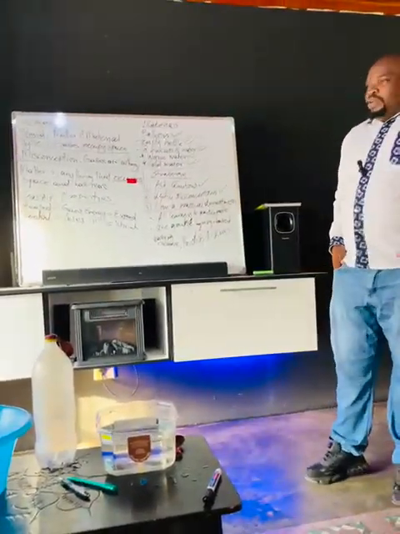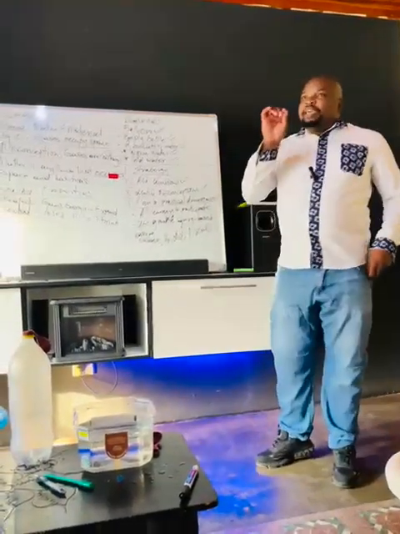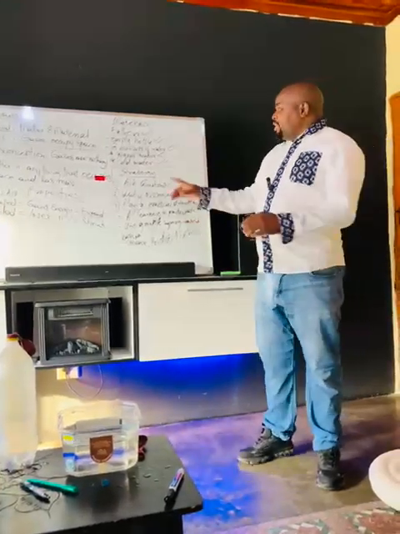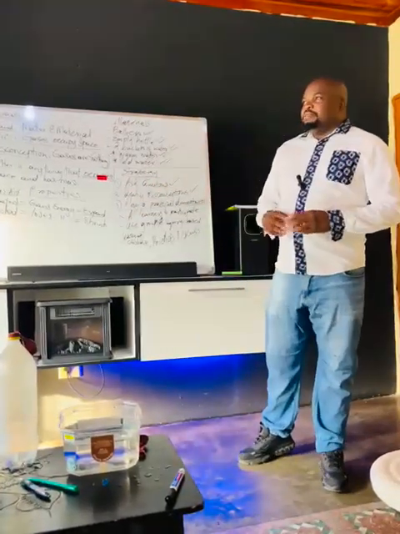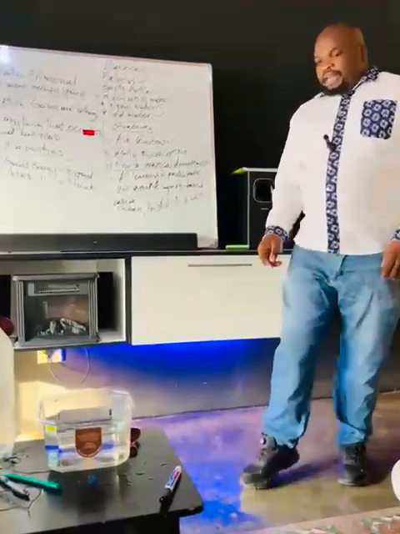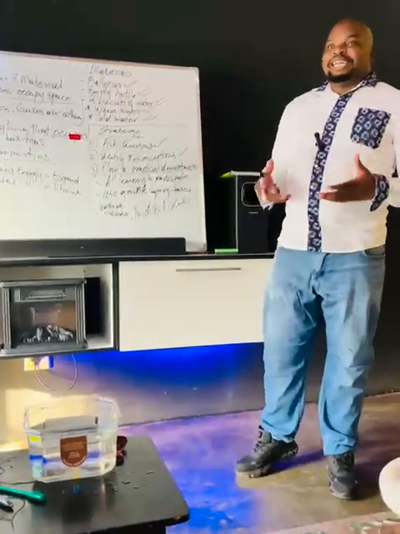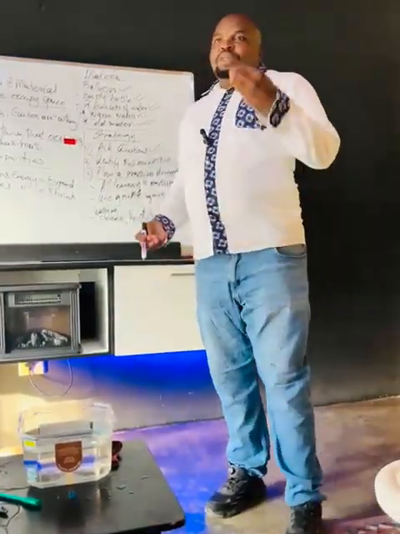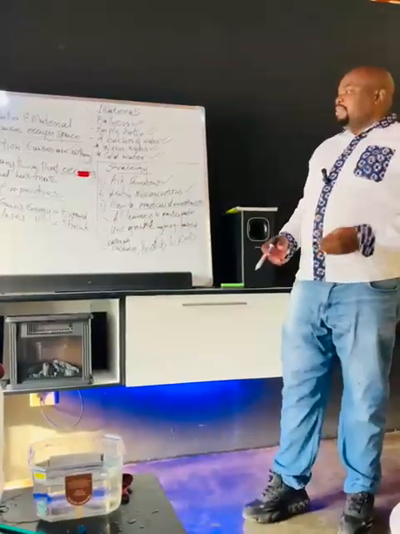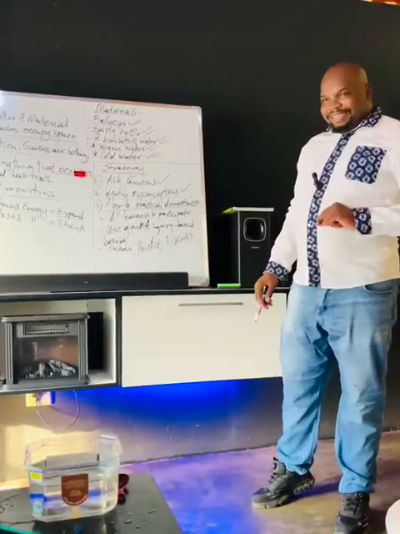Now, the strategy that we can use to identify any misconception in the class, or to teach this practical demonstration, is that before any lesson, you must ask the learners some questions. For example, ask learners what they understand about gas. What do they know about gas? After the learners give you answers, identify the misconception from the learners' answers.